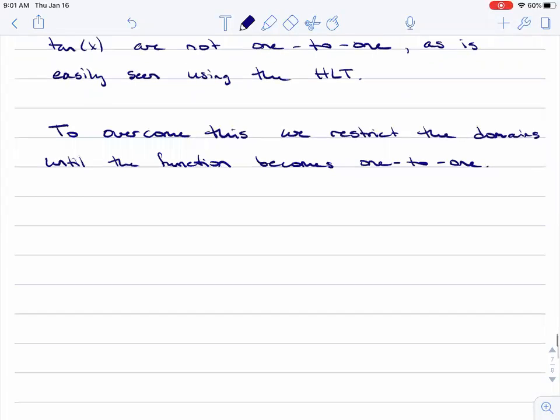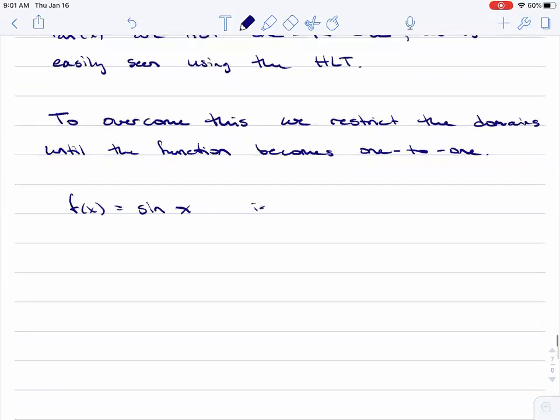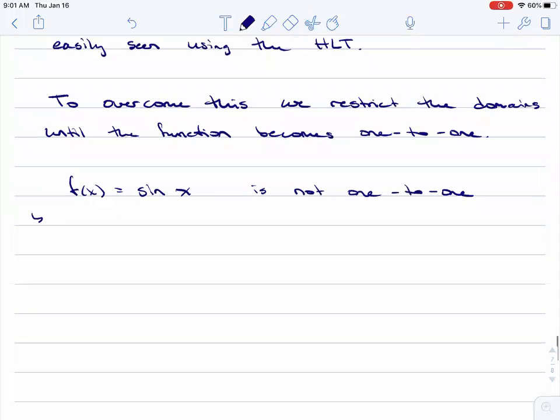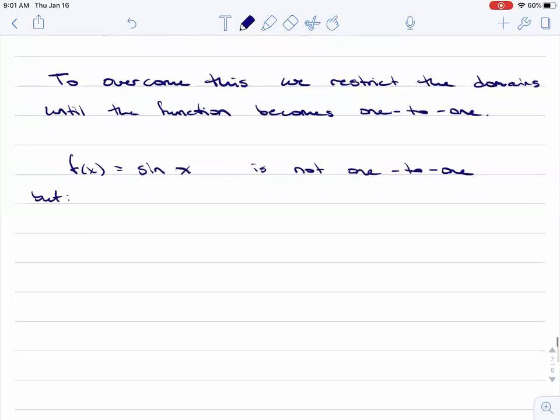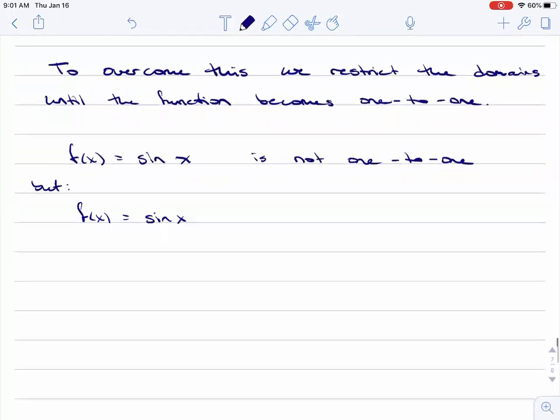So what we said was, okay, f of x equals sine x is not one-to-one. But f of x equals sine x, as long as x is between negative pi over 2 and pi over 2, is one-to-one.